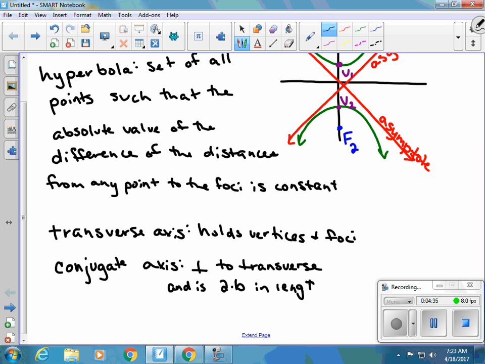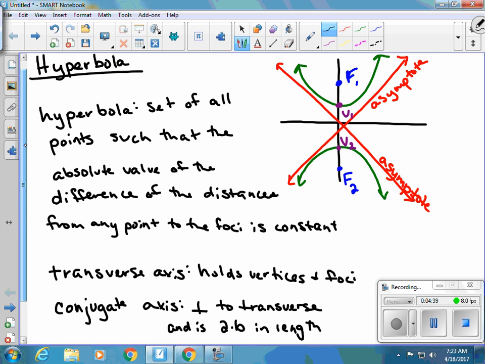So we haven't talked about the A and the B yet. With this, your A length is from your vertex to the origin. So this length here is A. From the origin to your focus is C, and I shouldn't say origin, it's to your center.